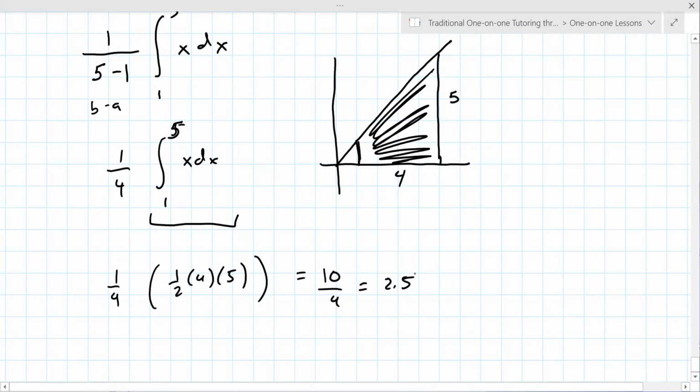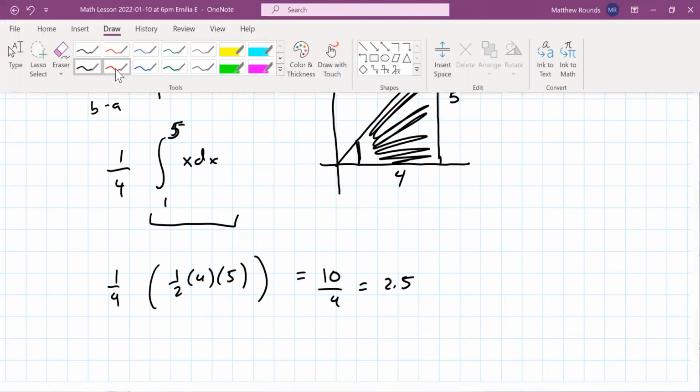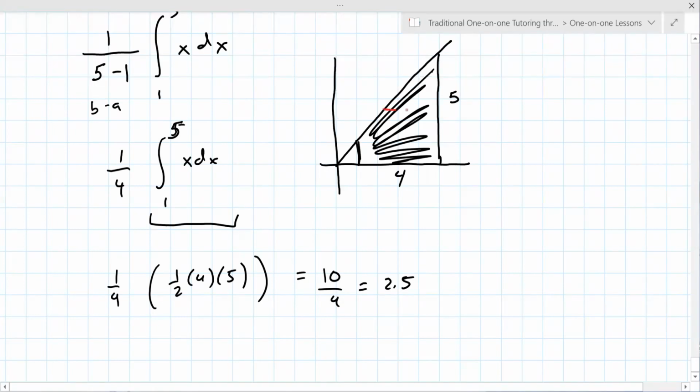Just really quickly, because you will see this, if you put a line at 2.5, is that right? 1, 2, 3, 4, 5. Okay, you graphed it, this is right. There is some physical meaning, but let's not get into that right now.